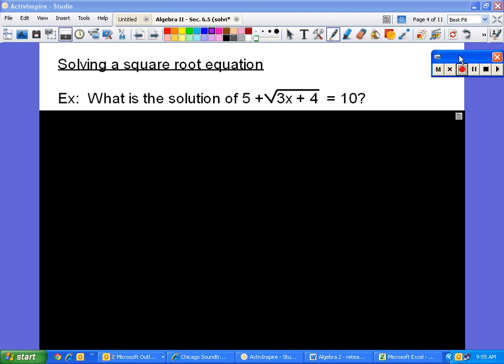The good news is the way you go about solving algebraic equations is the same as you're going to go about solving this equation. So put your Algebra 1 thinking caps on.